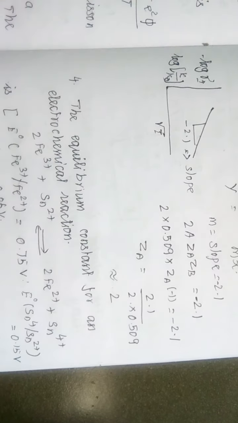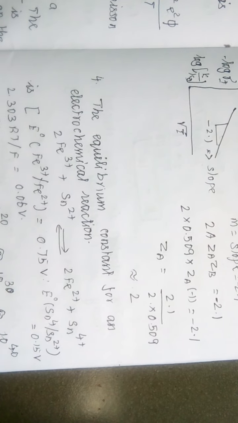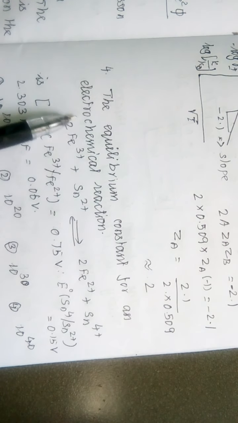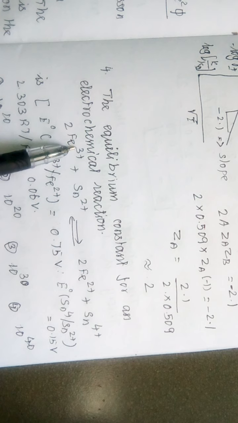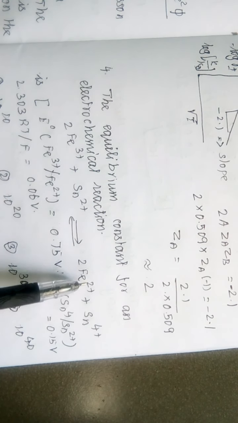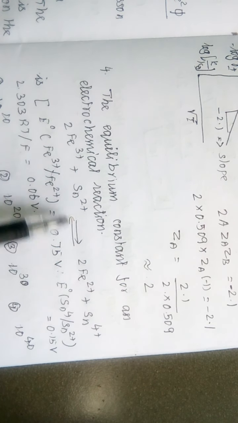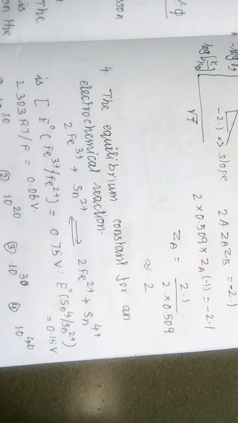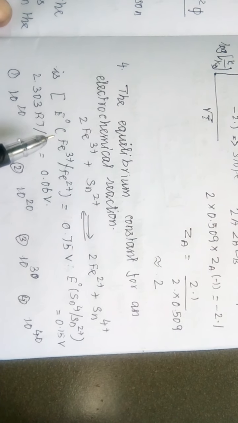So now we'll go to the next question. The equilibrium constant for the electrochemical reaction is asked. The reaction given here is Fe3+ plus Sn2+ gives reduction of Fe3+ to Fe2+ and the oxidation of the tin ion Sn2+ to Sn4+, and its reduction potential is given here.